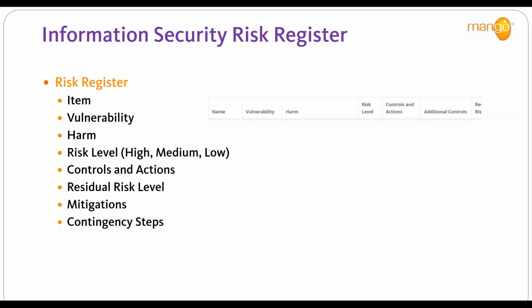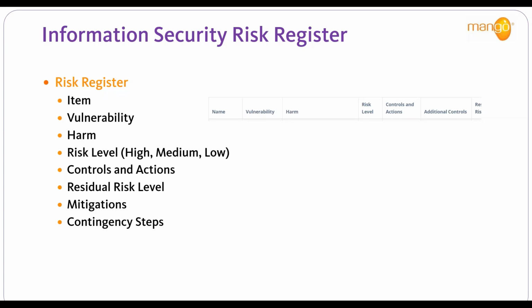We've got a high, medium, low category there. We put in our controls and our actions to get those risks down to an acceptable level. We call it our residual risk level, which is the level of risk that we're willing to hold on that particular bit of information.